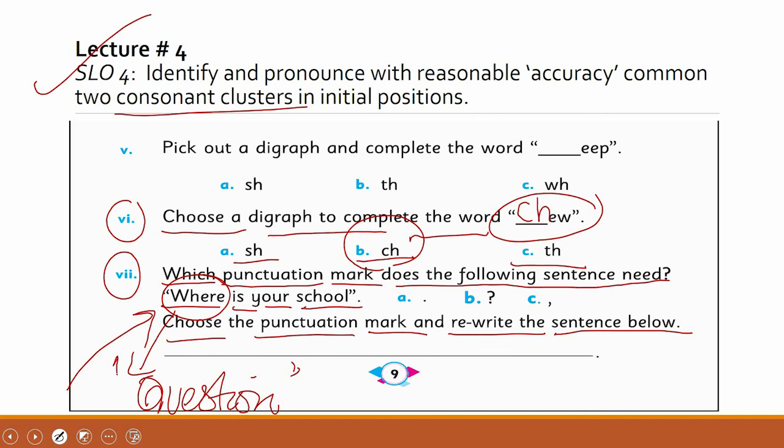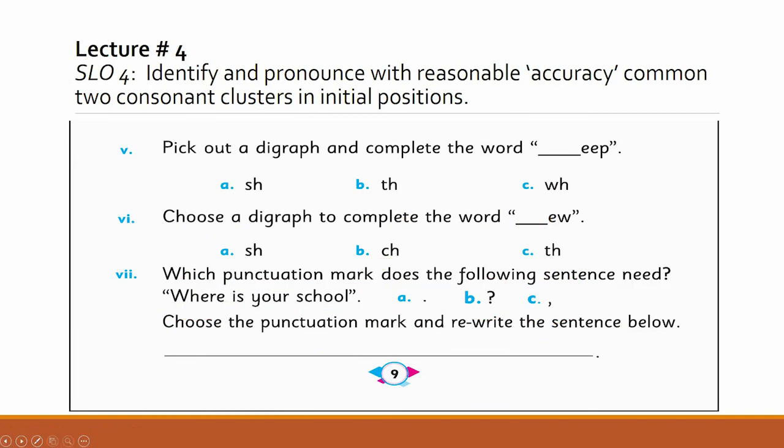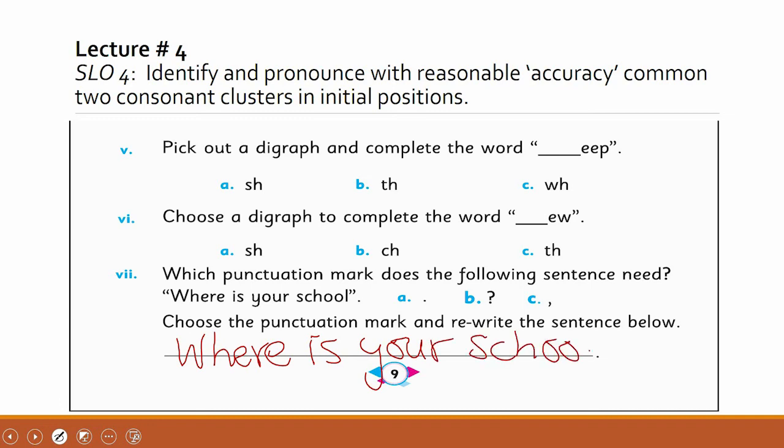At the end of every question, there is a question mark. So is it a full stop? Is it a question mark? Is it a comma? You have to rewrite the sentence again. Where is your school? And a question mark.